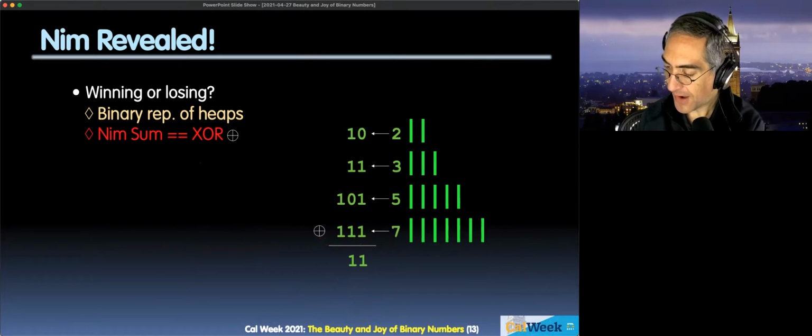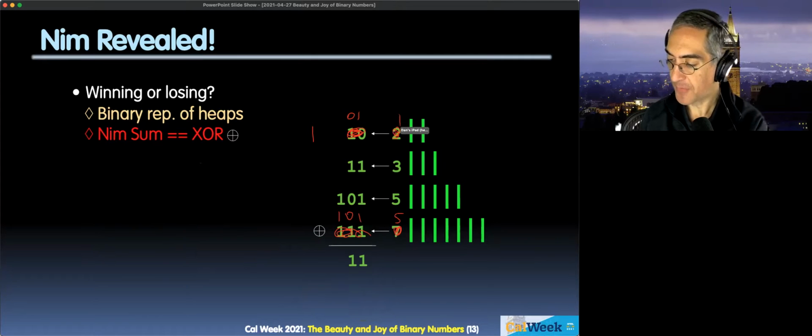So it was 1, 3, 5, 5, right? So 1 is 0, 1. And this is a 5, 1, 0, 1. So it's 1, 3, 5, 5. Now, what do I do?